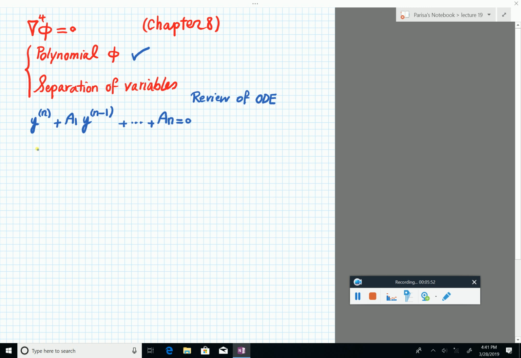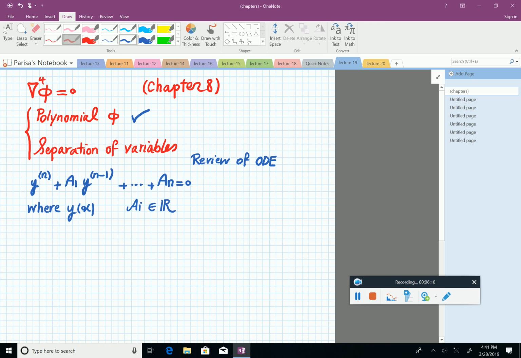So if we take y to be a function of x and the ai to be real valued constants, how did we solve an equation like that?